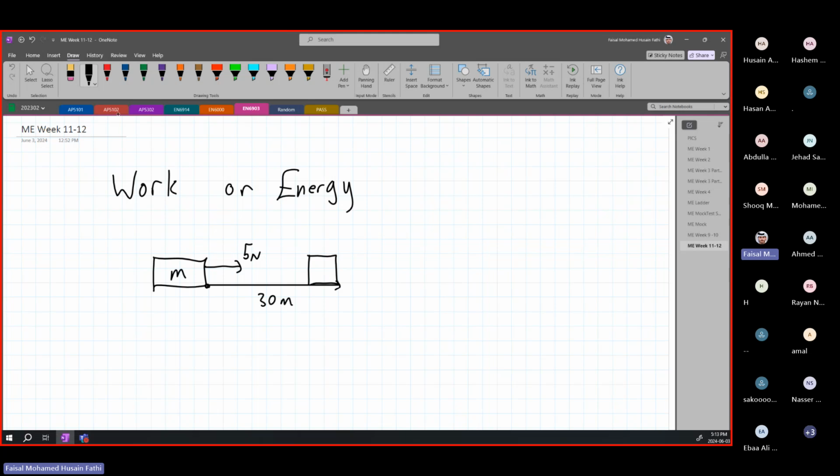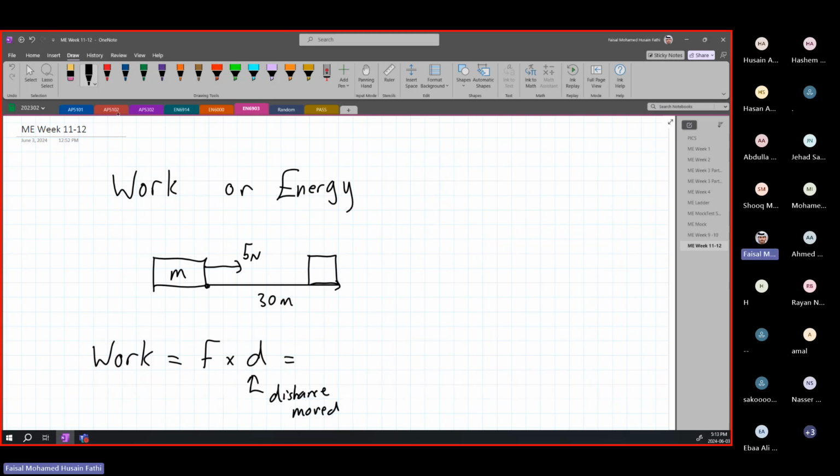So we're moving it 30 meters. If we apply a force of 5 newtons, to find the work, it is simply the force times the distance it will cover. This is not the same as torque, where you're multiplying by perpendicular distance. This is the distance moved.